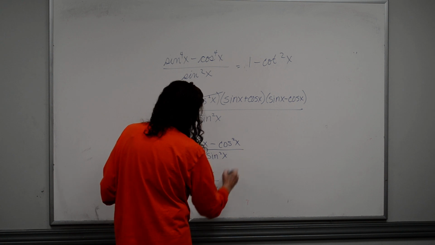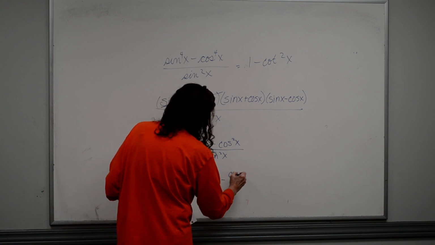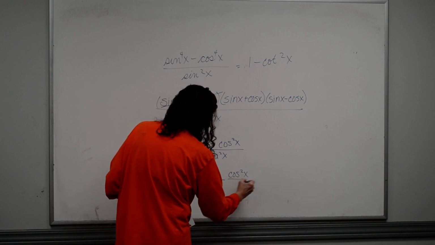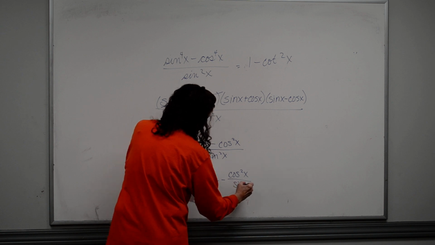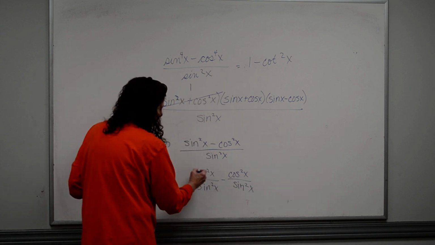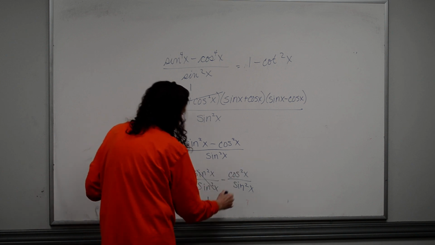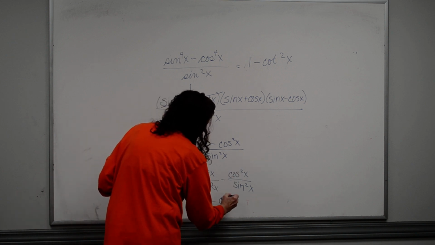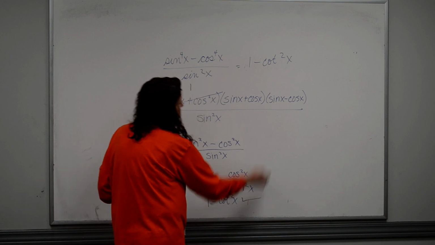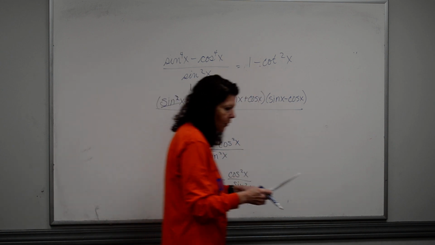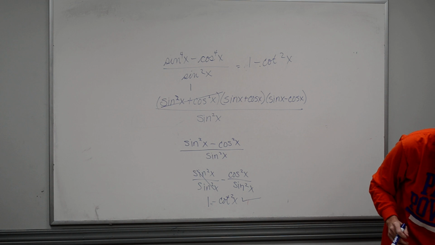I'm just giving them both the same denominator, because it is a common denominator. That is equal to 1, and that is equal to the cotangent squared. And you are where you need to be. So that matches that. Okay, so that's number 19.